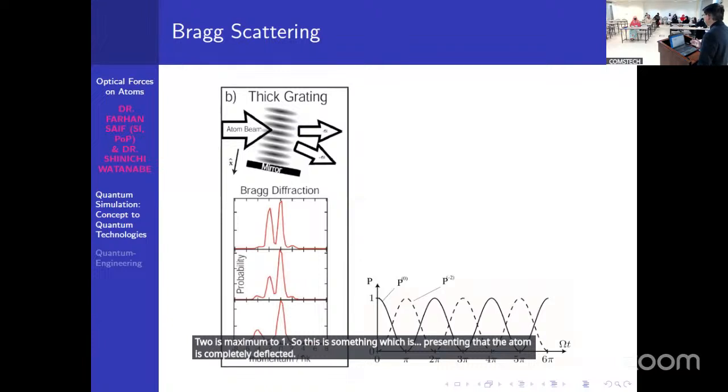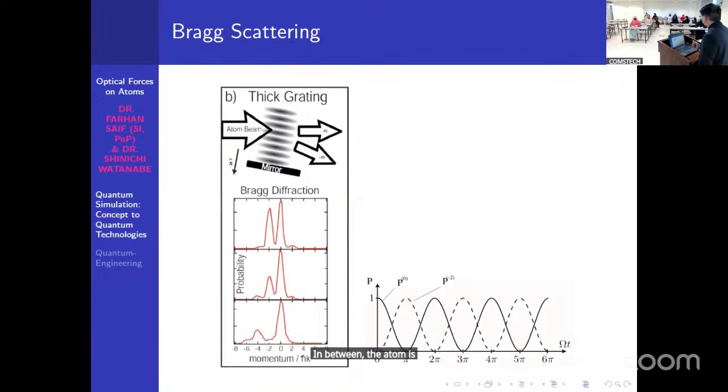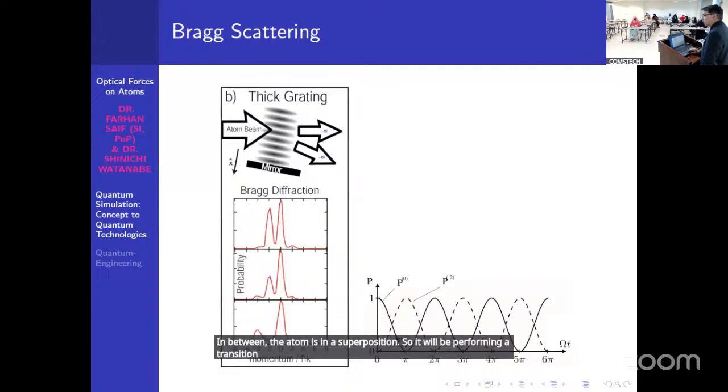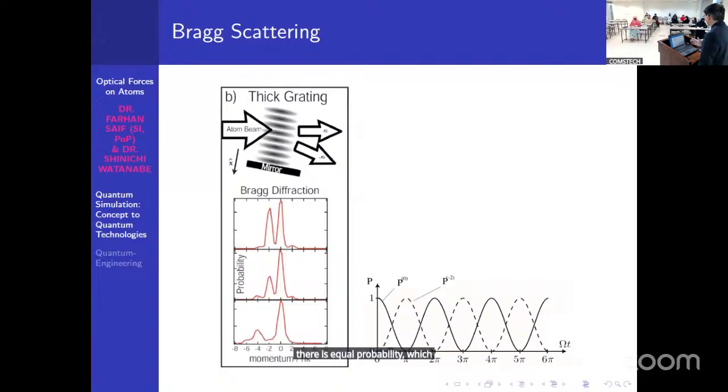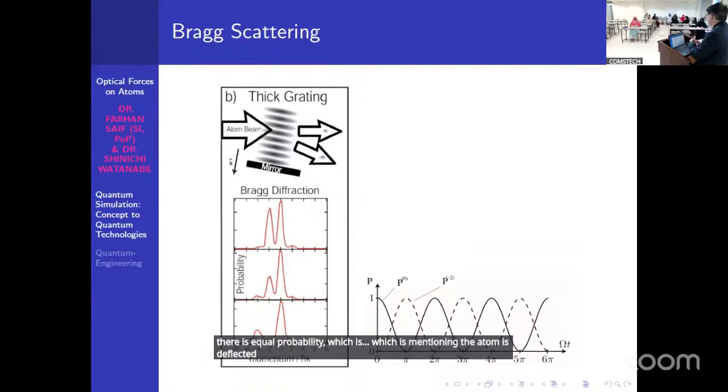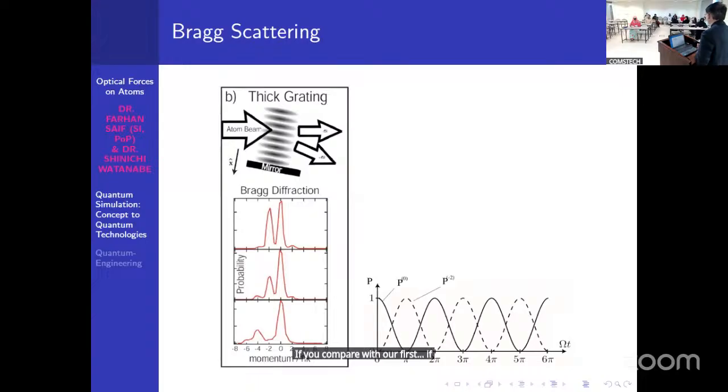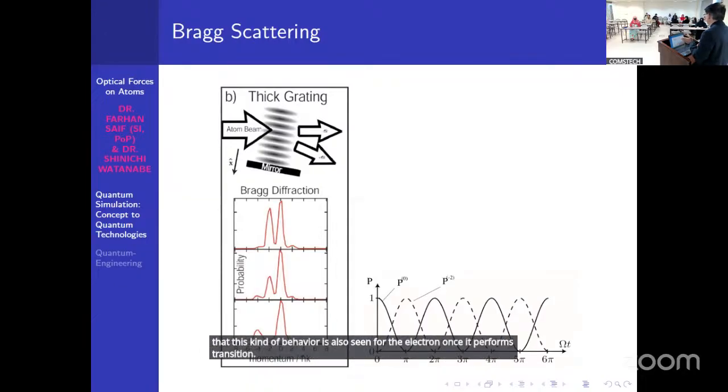In between, the atom is in a superposition. So it will be performing a transition, and at time pi by 2, there is equal probability, which means the atom is in a deflected and not deflected state. If you remember our first webinar, we were showing that this kind of behavior is also seen for the electron once it performs a transition by absorbing light.